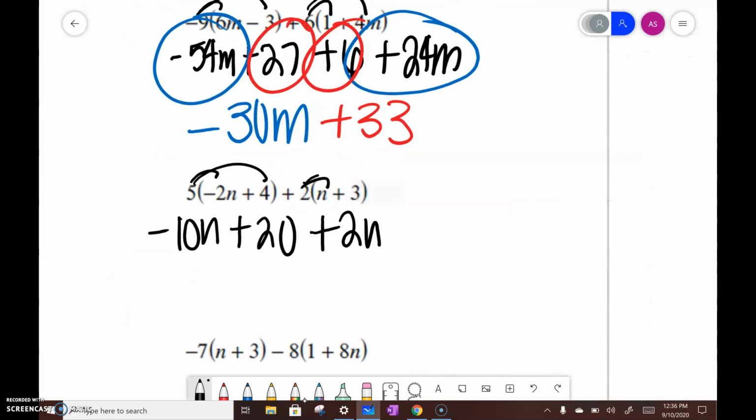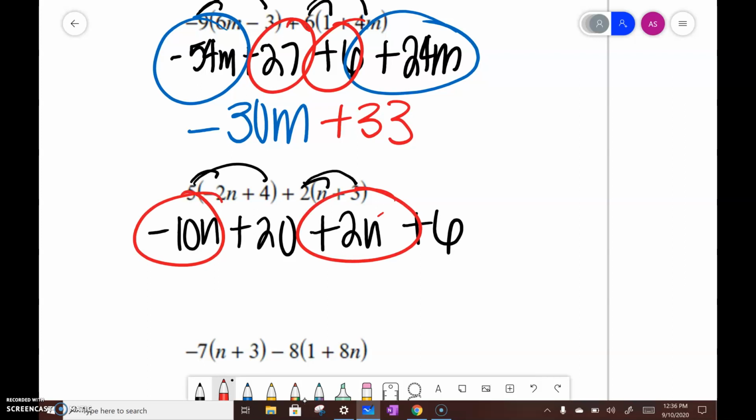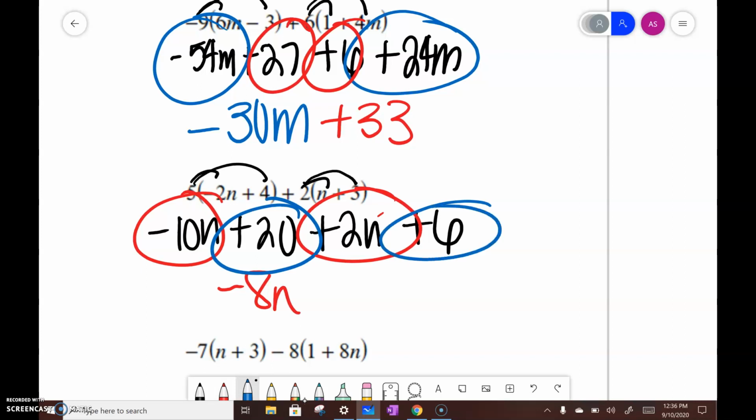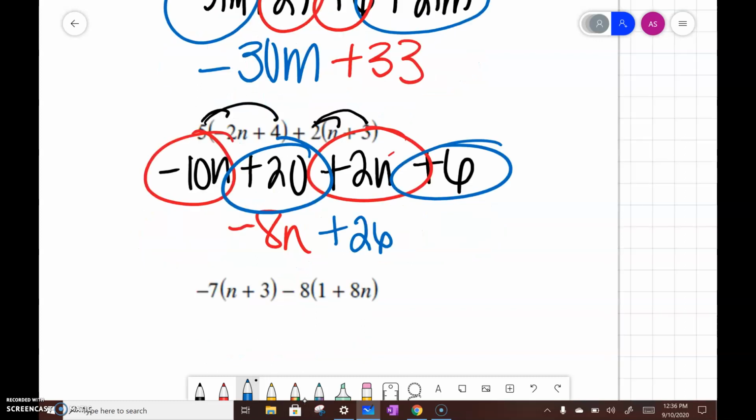Then I have 2 times 3, which will be 6. So then from here, I'm going to combine my like terms. I have negative 8n, and then I have 26. So my final answer is negative 8n plus 26.